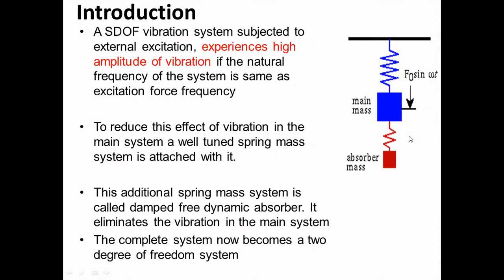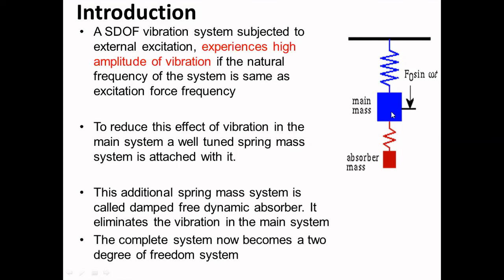But as discussed now, the amplitude of vibration of this mass becomes equal to 0 when omega becomes equal to omega 2. When omega is equal to omega 2, perhaps we may not require a vibration absorber, because then this mass may not be subject to very high amplitude of vibration.